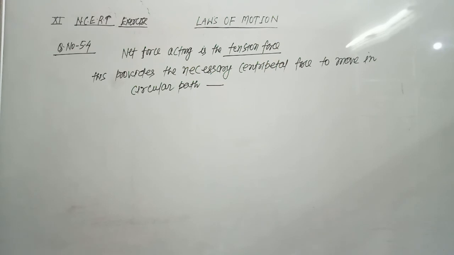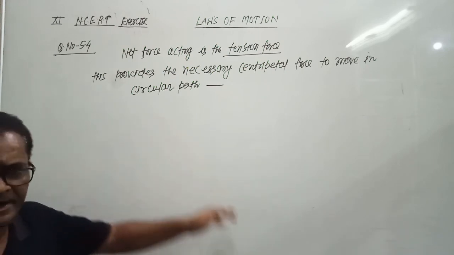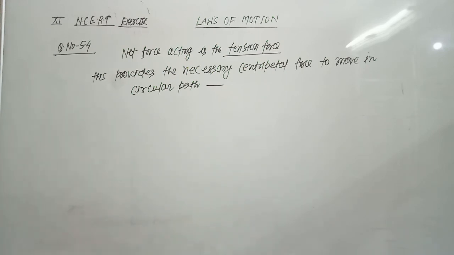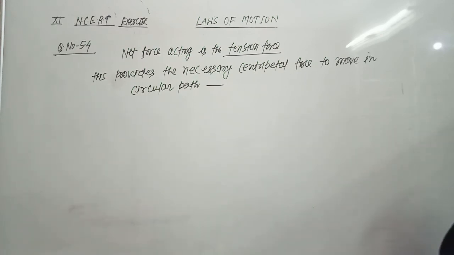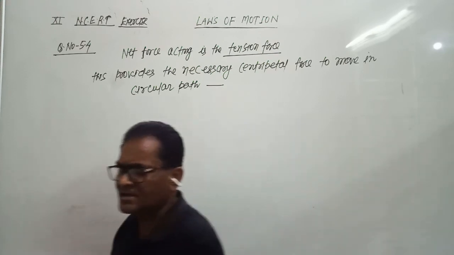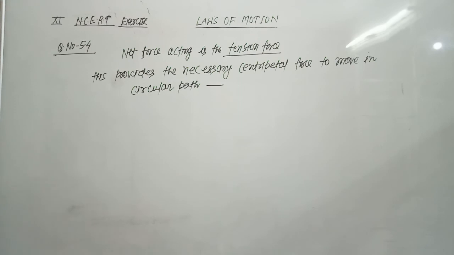So the option is A, the first option, tension force T. So the net force on the particle is in terms of tension, and the direction of the tension force is towards the center, and this force provides the necessary centripetal force to move the stone in a circular path.